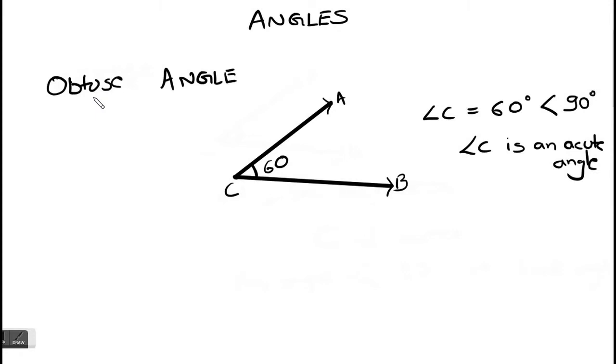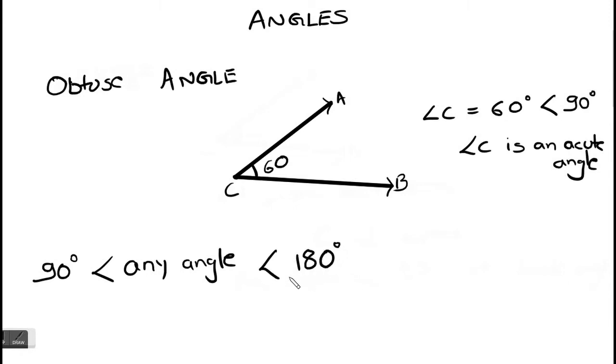So this is obtuse angle. Any angle which is greater than 90 degree but less than 180 degree. You have to remember this thing, it has to be greater than 90 and less than 180, then only that angle will be called an obtuse angle.